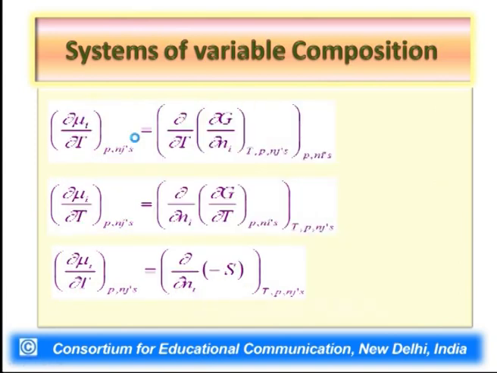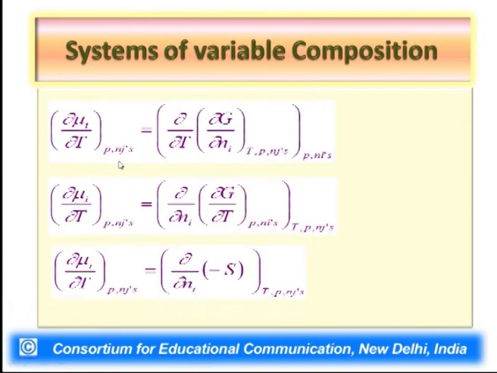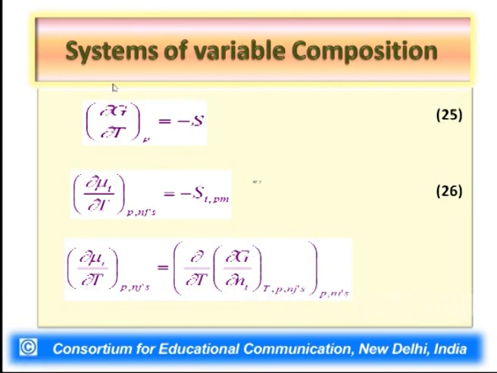Now the question arises: the counterpart of the Gibbs free energy in a mixture is the partial molar Gibbs free energy, which is the chemical potential of that component, mu I. So, del mu I by del T at constant P, and Nj also kept constant, is equal to minus SIPM. So this equation should also hold true.